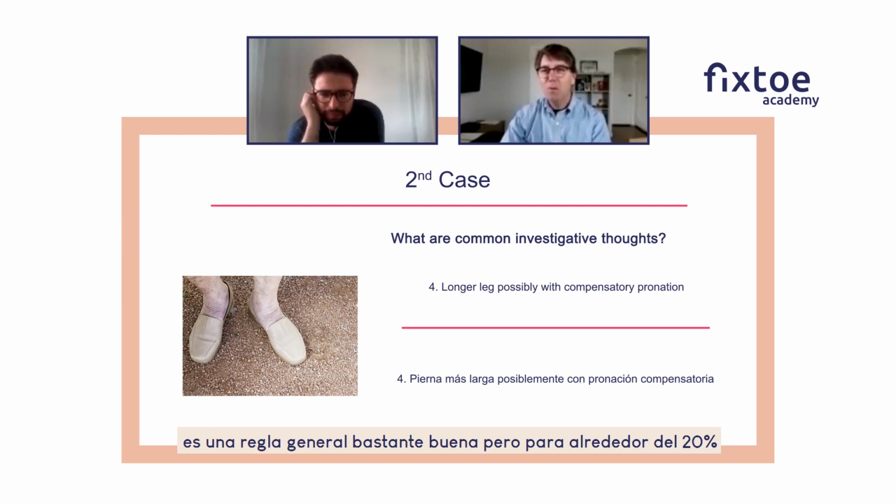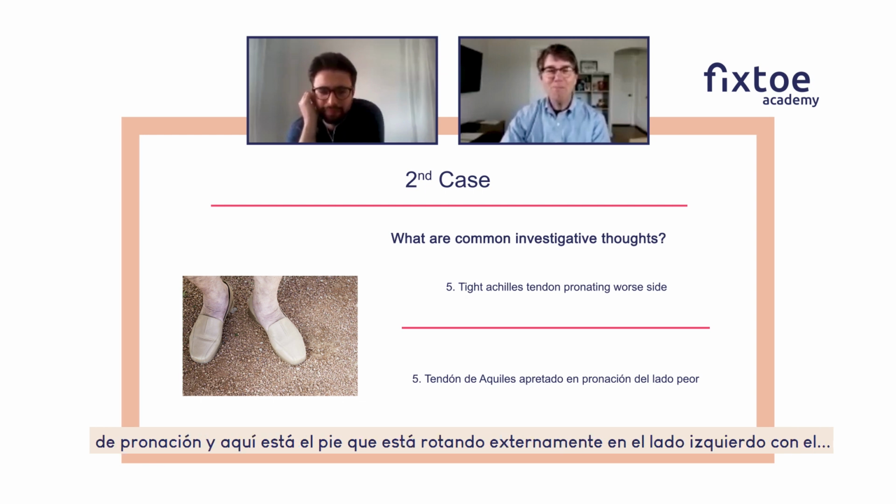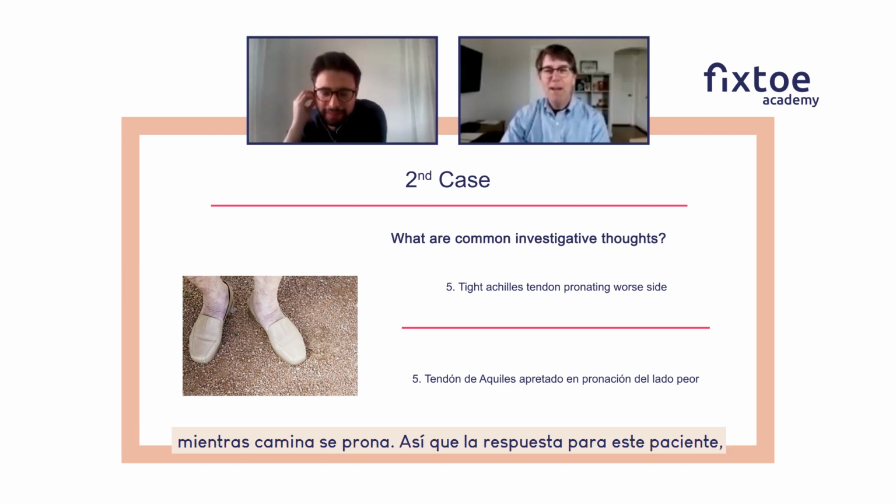It's a pretty good general rule, but 20% of people, it's the opposite. So it's just a general rule. They actually had a very tight Achilles tendon, which adds to that pronation problem. And here's the foot that's externally rotated on the left side. As they walk, it pronated.